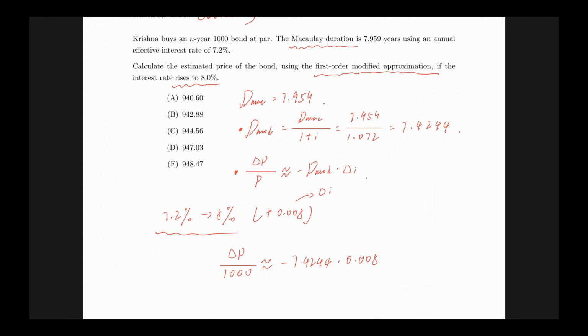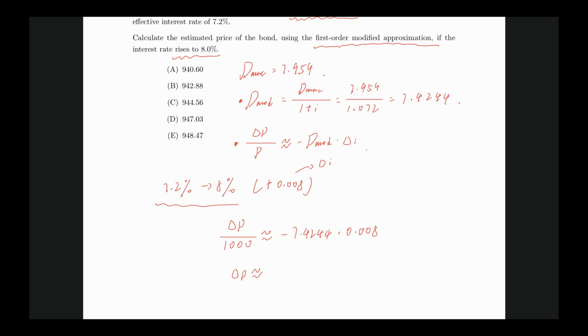Okay, and we can use the calculator to find the change of the price, so let me take out my calculator. Nice. So the change of the price is a negative number, indicating that the price is dropping.